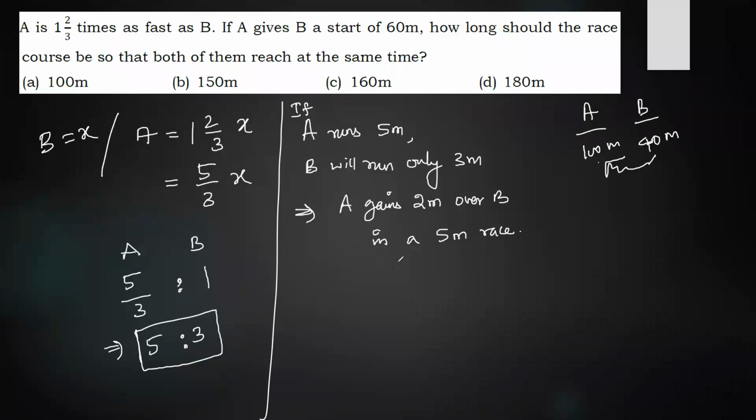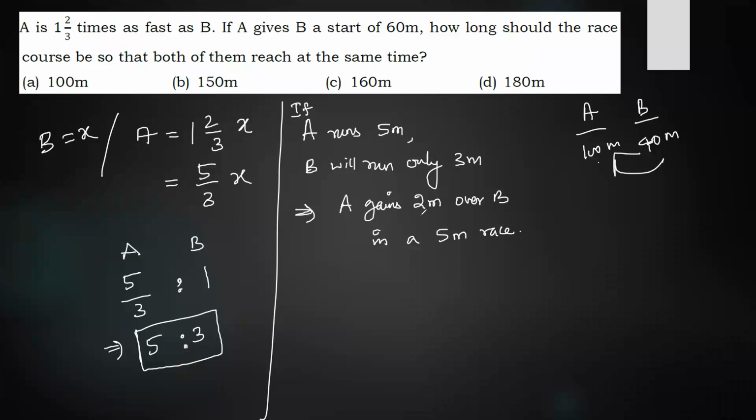Is it clear? Okay, then how will we proceed? After this, how can we proceed? Okay, now listen carefully. So 5 by 2, right? Same question.